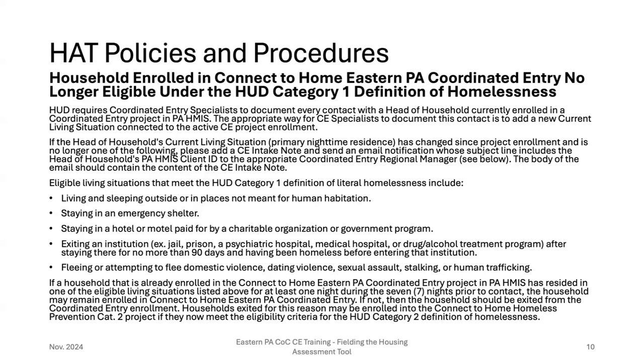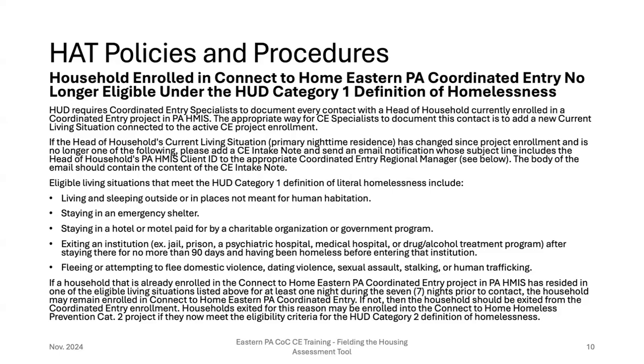If the living situation no longer is one of the following that you'll see listed here that are part of the HUD Category 1 definition, meaning they're no longer living and sleeping outside or in a place not meant for human habitation, or they're no longer staying in an emergency shelter, or they're no longer staying in a hotel or motel paid for by a charitable organization or government program, or they're no longer exiting an institution in which they were homeless before upon entry and stayed for no more than 90 days, or they are no longer fleeing or attempting to flee domestic violence, dating violence, sexual assault, stalking, or human trafficking.